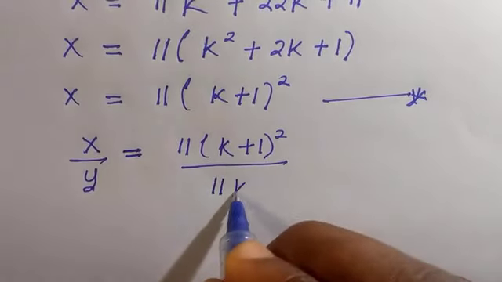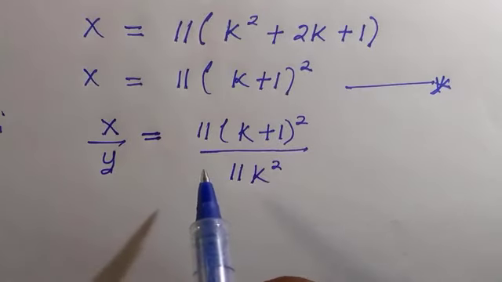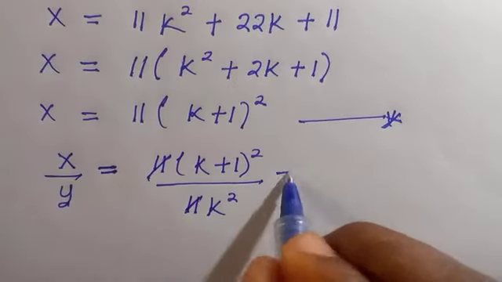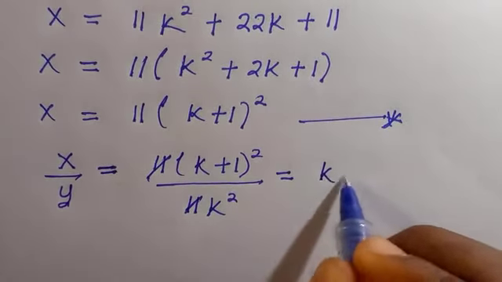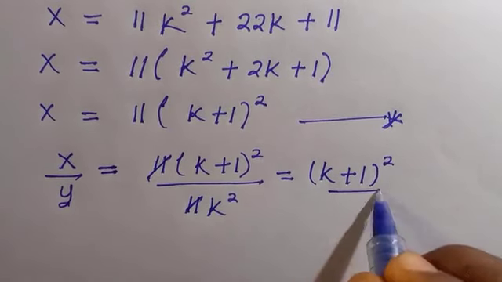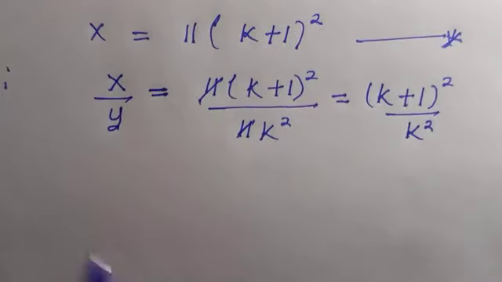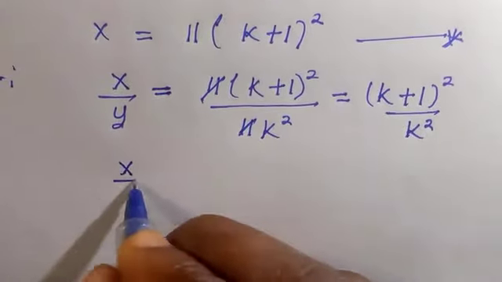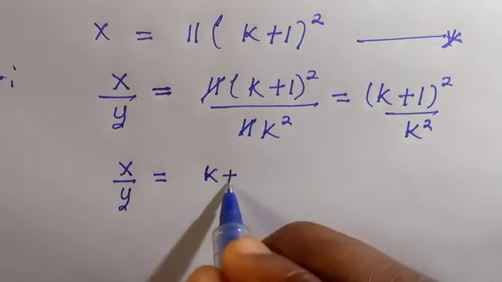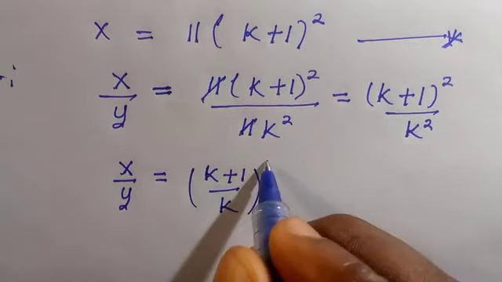The 11 cancels 11 at the numerator and denominator, and thereby we have k plus 1 raised to power of 2 divided by k raised to power 2, so x divided by y equals k plus 1 divided by k all raised to power of 2.